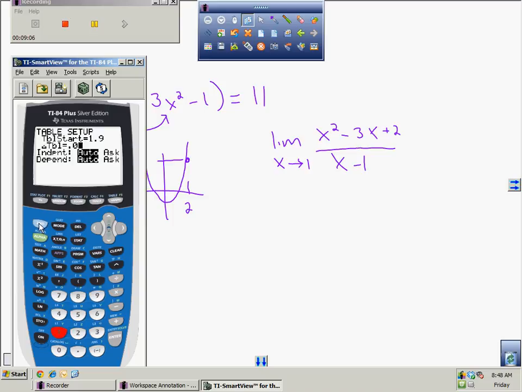And now if I go to my second table, I can see that as I get very close to 1, it appears to be getting very close to some number, which appears to be, what does that look like? Negative 1? Negative 0.0. I think I did something wrong.